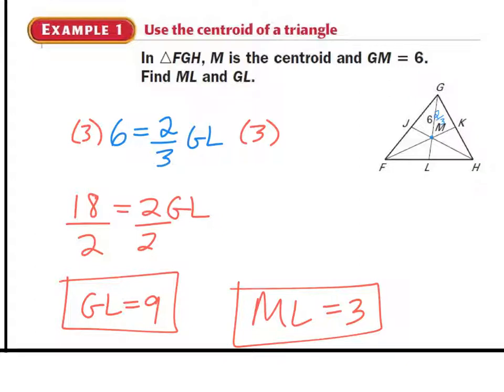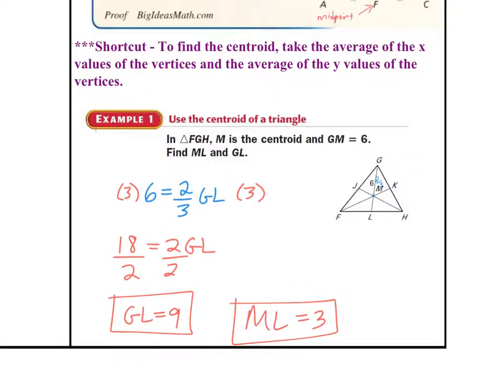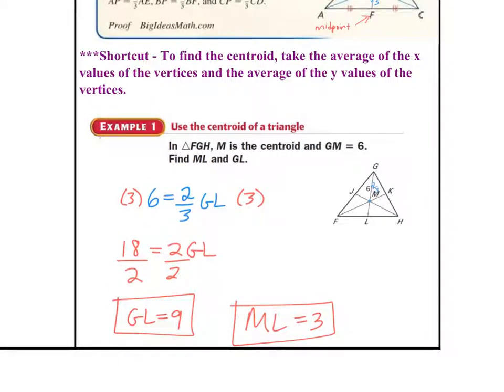Don't flip it over yet, because there's one more thing I need to point out on this page. And we'll talk about something you already know, some prior knowledge that you have, and how to connect it to this. So the centroid comes from the medians meeting, and the medians come from the vertex of the triangle to the midpoint.